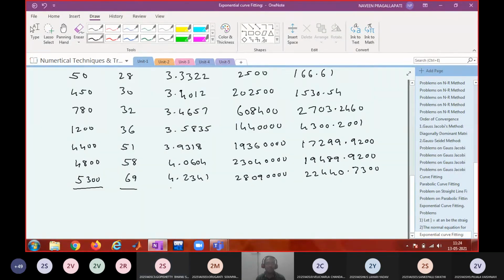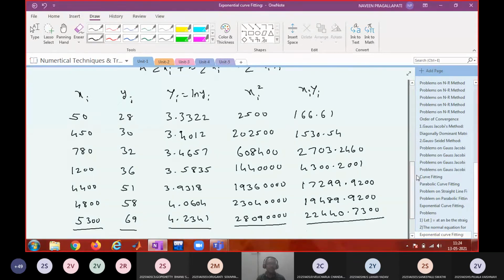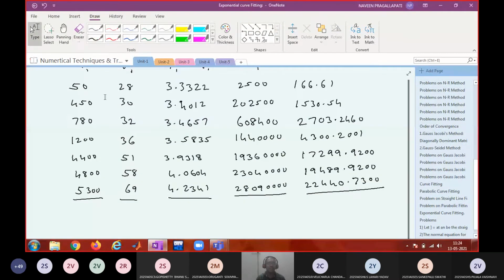Next step is to find out each column sum. I think we don't need sigma yi. We want sigma capital Yi. Second column you can skip. You just want the remaining columns.